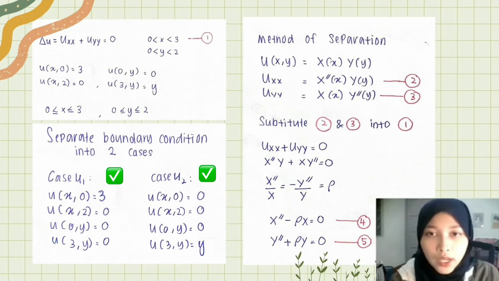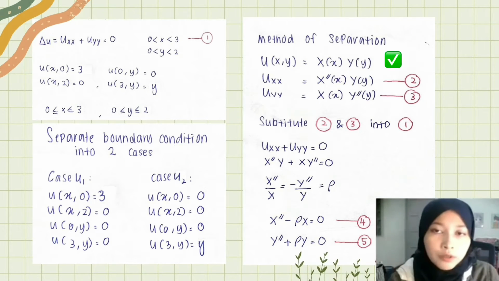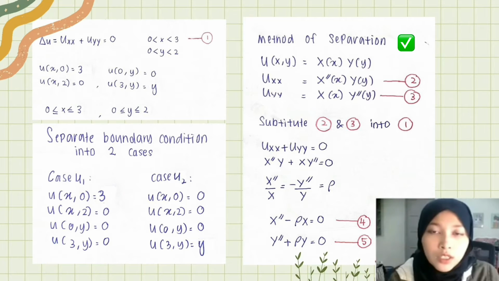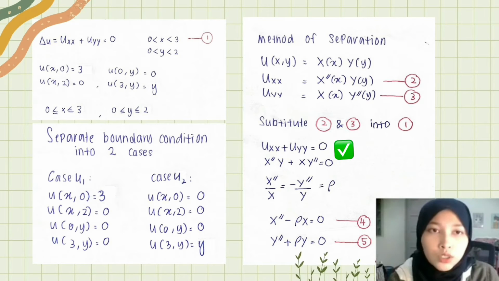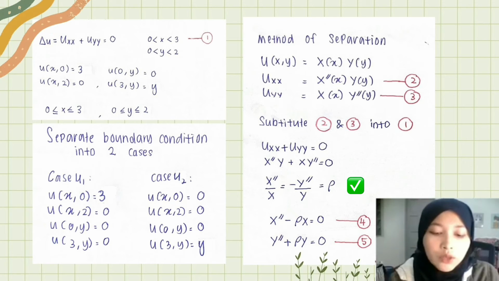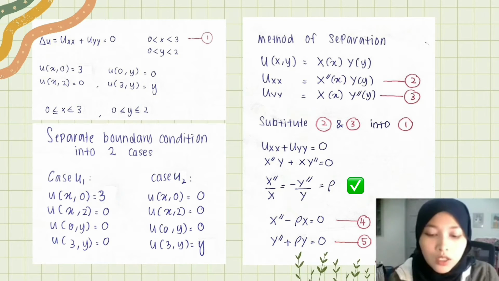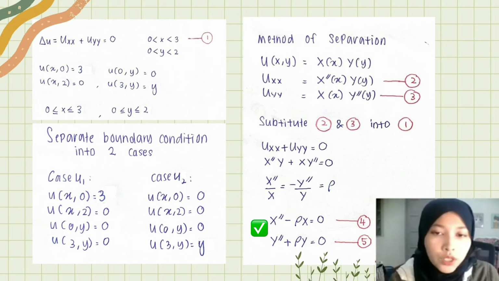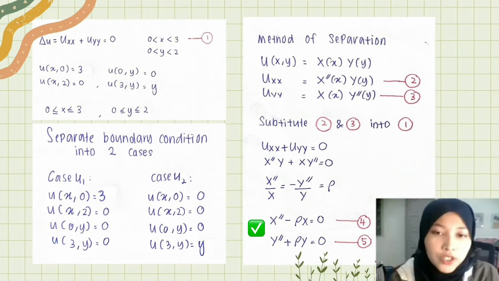We assume u(x,y) equal to X times Y, and by using method of separation of variables, we must find the second derivative of X and the second derivative of Y. After we differentiate, we substitute into equation 1, rearrange X and Y, and set them equal to the constant p. We will obtain two differential equations: X double prime minus pX equal to 0 and Y double prime plus pY equal to 0.